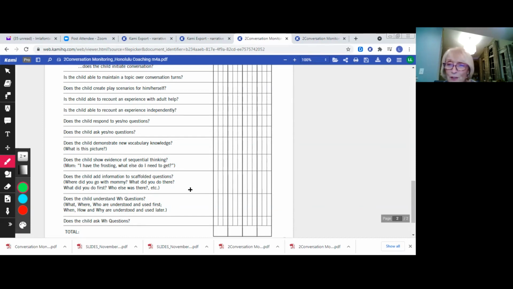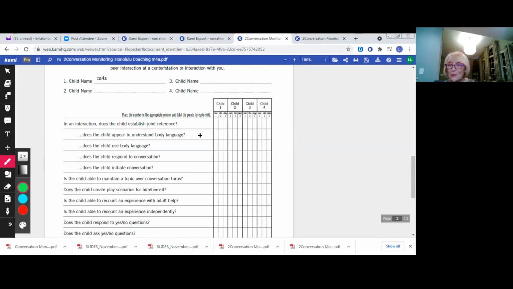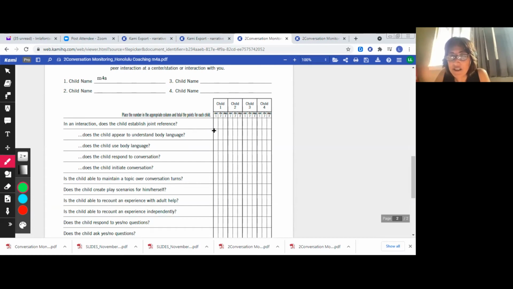So with that introduction, Sherry, I was just wondering, were there some of these that you might think about with this child when you were working with him, with body language, for instance? So there was the joint reference. It helped to have the cards.